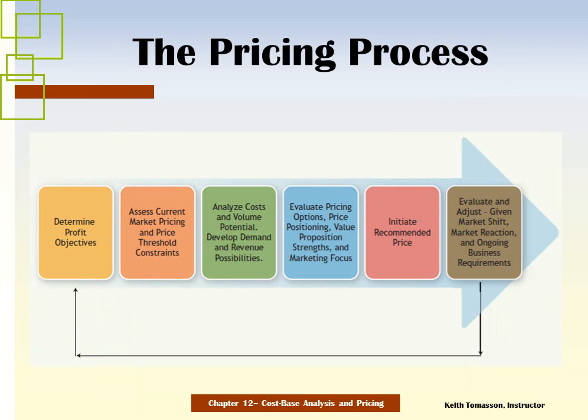So just a recap of the overall pricing process, making sure we have a good understanding of our profit objectives.